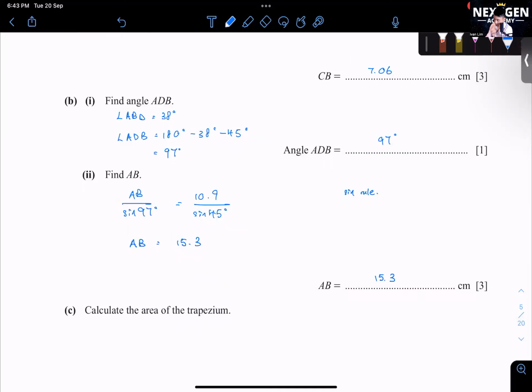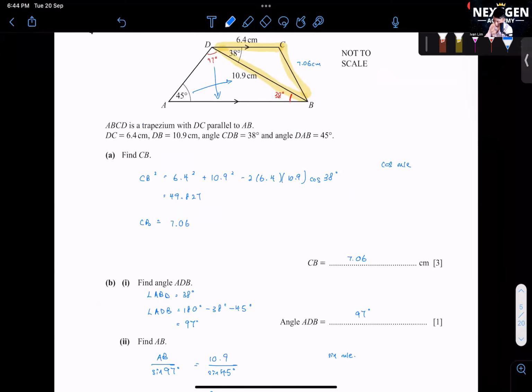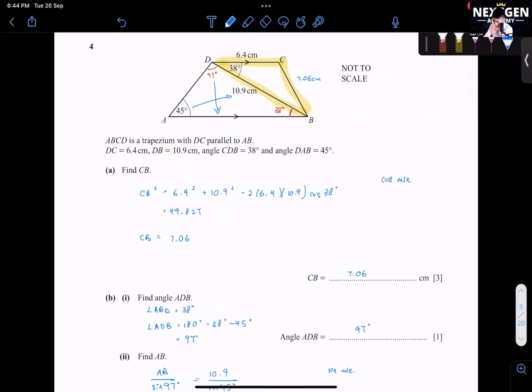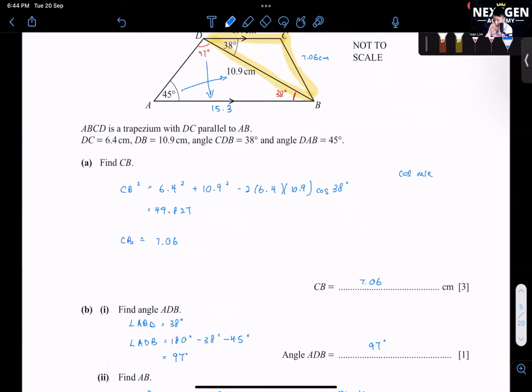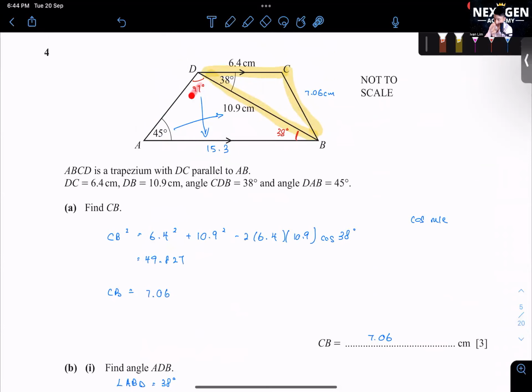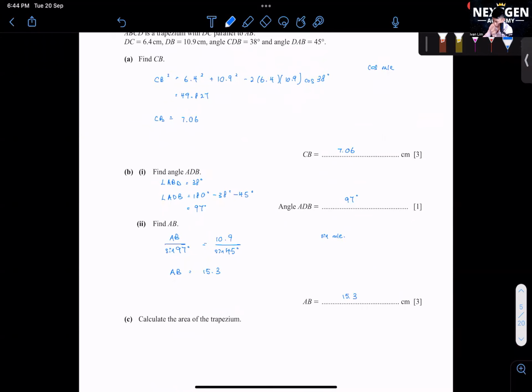Okay, final one, calculate the area of the trapezium. Whatever you all get, label it. This one 15.3. So for the area of the trapezium, we can find the area of this triangle and then the area of this triangle. How to find? You just use the formula.